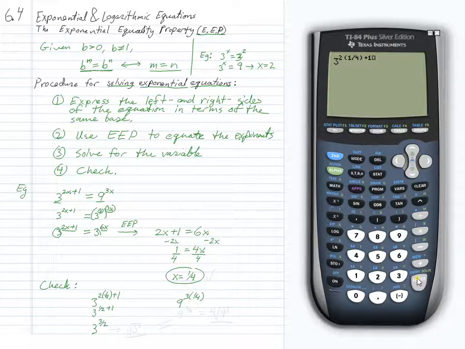My right-hand side can be simplified as 9 to the 3/4, which is 9 cubed under the 4th root. And 3 to the 3/2 power is the square root of 3 cubed. Now if you plug both of those into your calculator, you will see that they are in fact equal. And so x equals 1/4 is the solution of this equation.